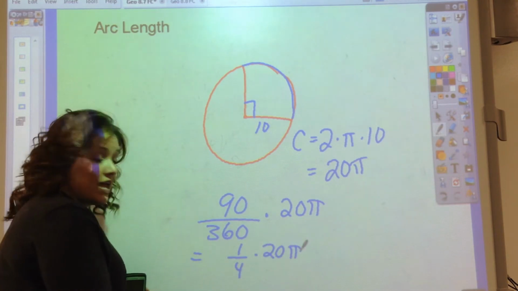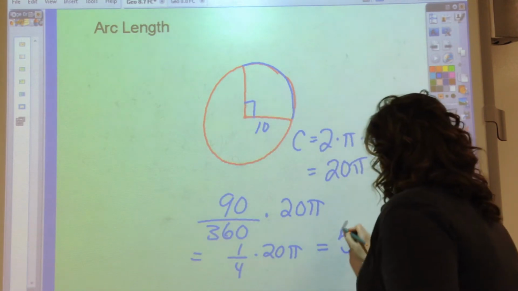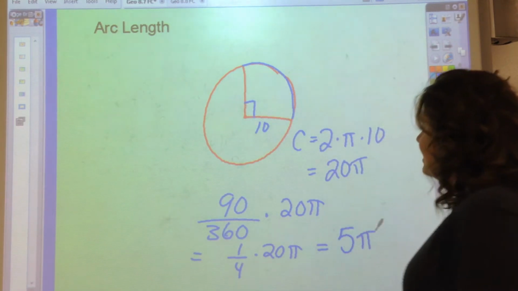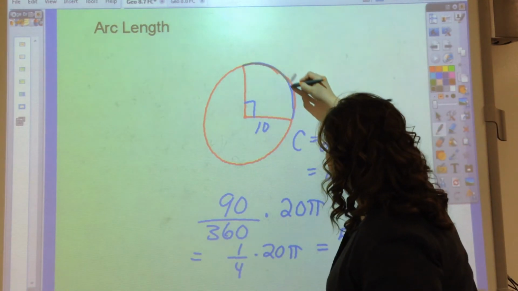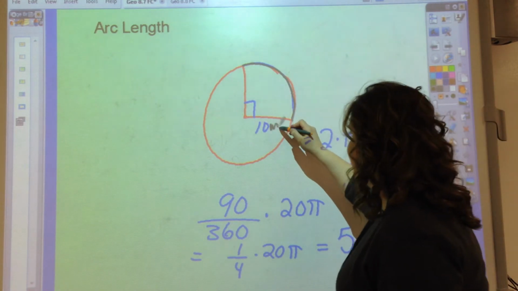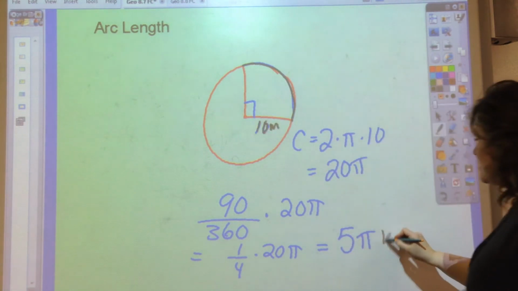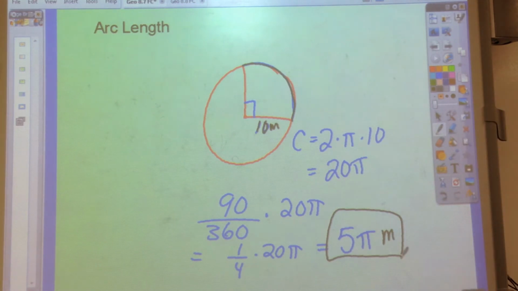I could cross cancel. 4 goes into 20 5 times. And this would be the length of only 1/4 of my circle. And again, let's throw some units on it. Let's say this was 10 meters, we'd have 5 pi meters as our exact solution.